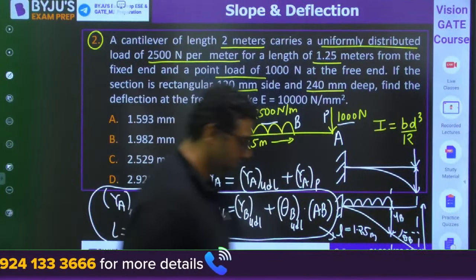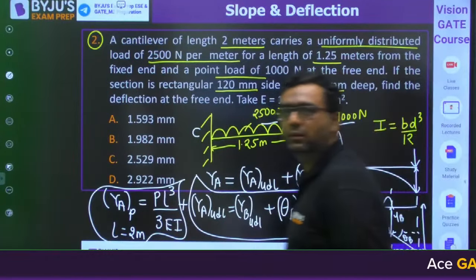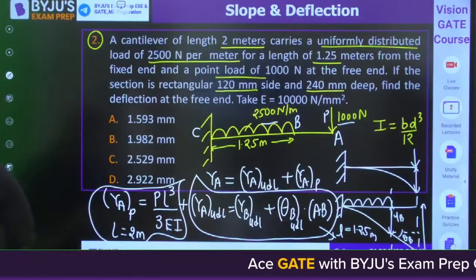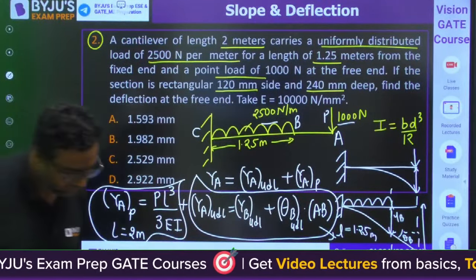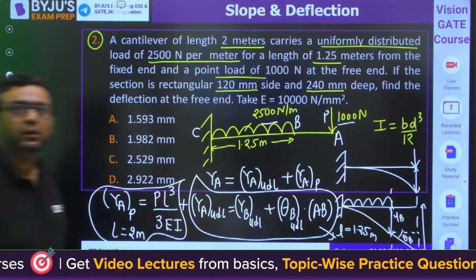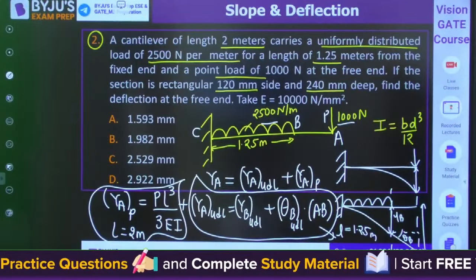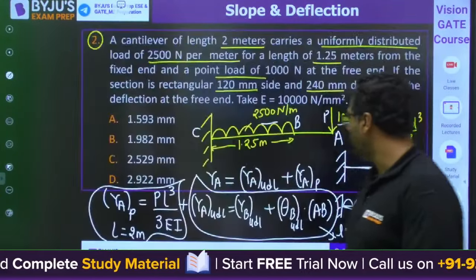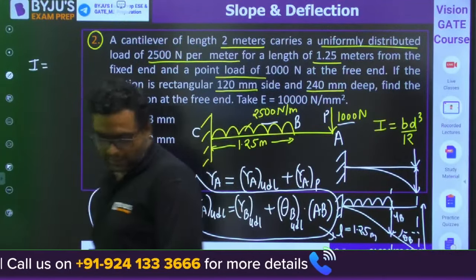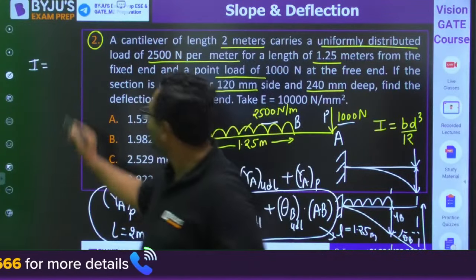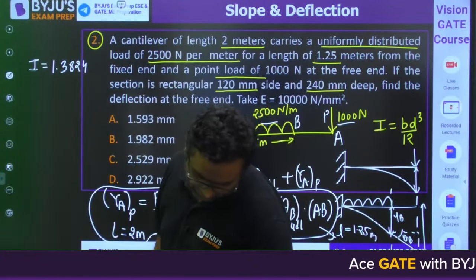Sumit is saying the answer to be C. Okay, I'm waiting for others' answers. First of all, tell me the value of I you are getting. Are we getting I as 1.3824 into 10 to the power 8?